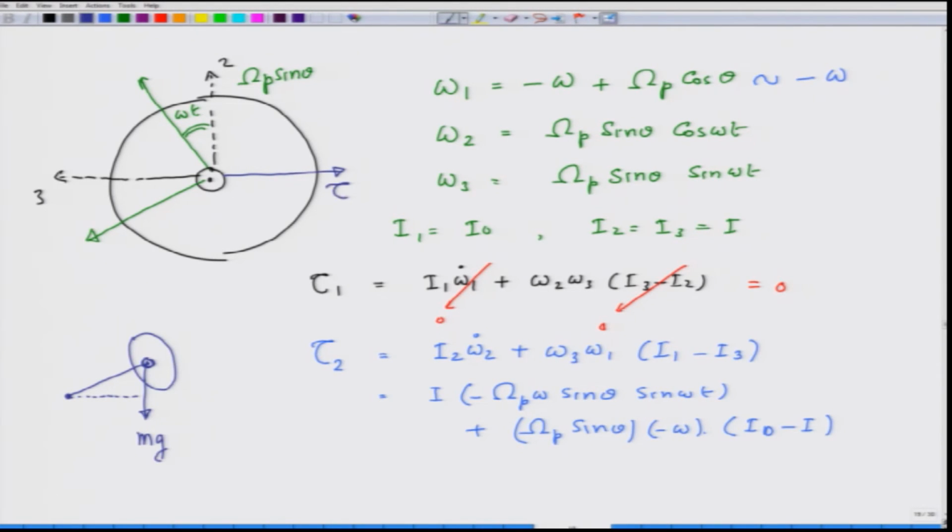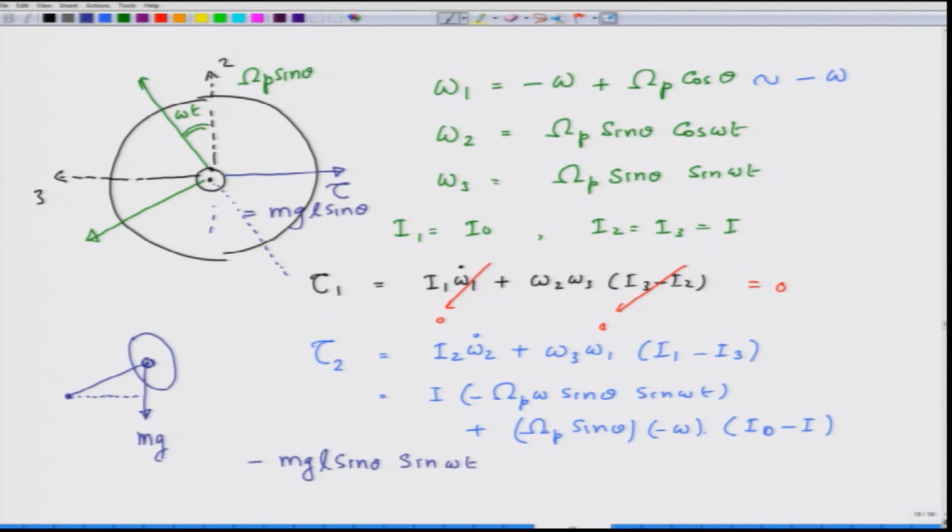This is tau. And how much is the magnitude? It is equal to mgL sine theta. So, if I were to calculate tau 2, tau 2 would be in this direction, and this is going to be minus mgL sine theta sine of omega t.